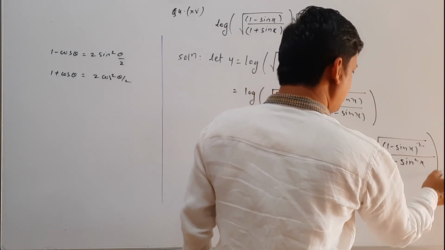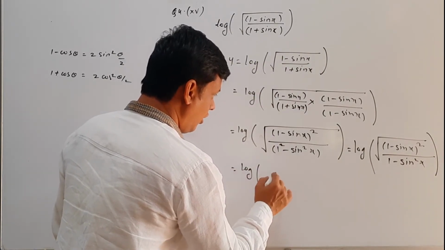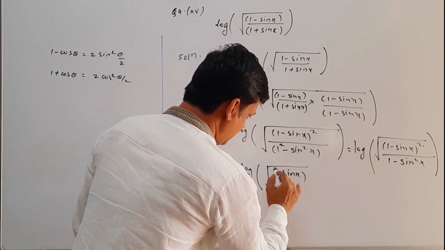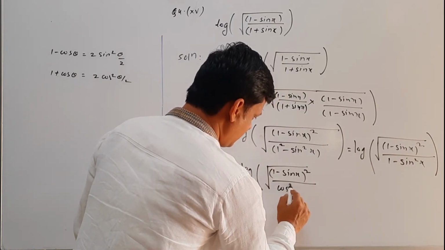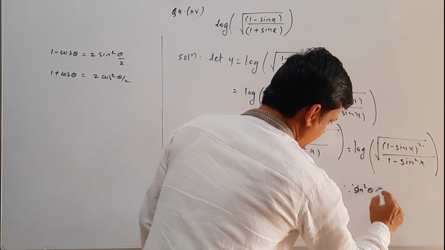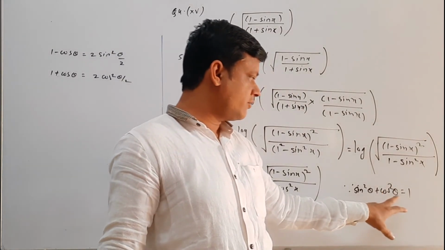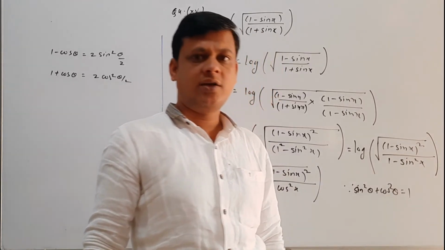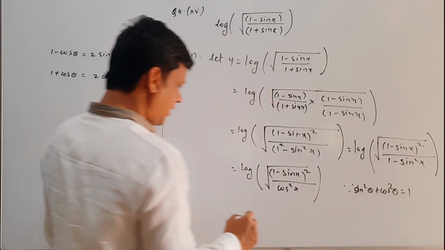So 1 minus sin square x is cos square x by using the identity, because sin square theta plus cos square theta is equal to 1. So from this, when we transfer sin square theta to the right hand side, we get cos square theta equals 1 minus sin square theta. So we write here 1 minus sin square x as cos square x.